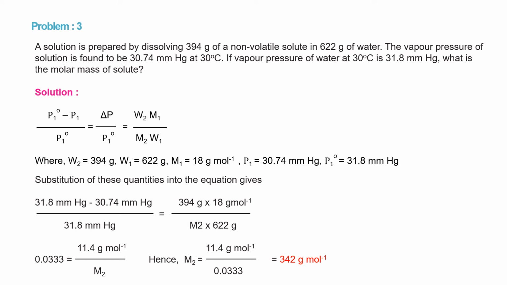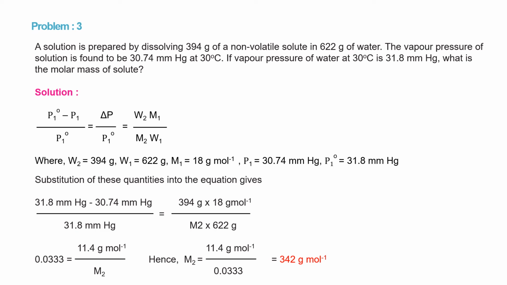And next, they write: if the vapor pressure of water at 30 degrees Celsius is 31.8 mm of mercury. Now see, this is the vapor pressure of water, which means water is the pure solvent. So you write it with the symbol P01, which is equal to 31.8 mm of mercury. Okay. What is the molar mass of the solute? Simple question. That is M2 here.